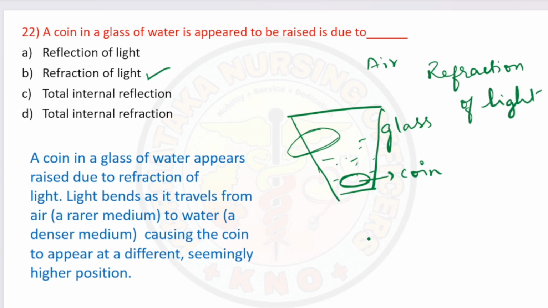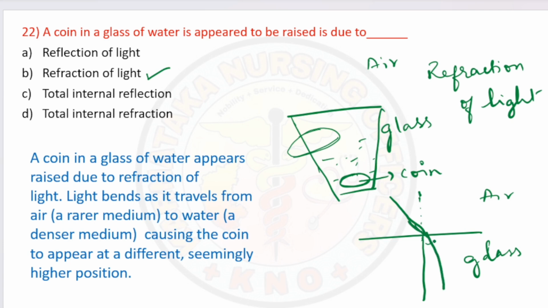What does refraction mean? If you consider two media, air and glass, I have taken a normal here. Normal means perpendicular to the glass surface. So when a light ray is incident on this glass surface, it bends towards the normal like this. So this is the normal, and this is the incident ray.